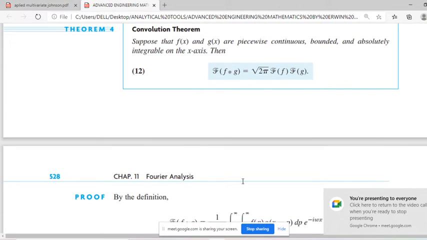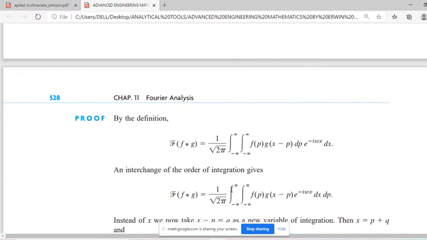Suppose that f of x and g of x are piecewise continuous, bounded and absolutely integrable on the x-axis. Then Fourier transform of f star g is equal to root 2 pi into Fourier transform of f into Fourier transform of g. So let us consider this convolution, Laplace transform convolution. So Fourier transform of f star g is equal to 1 by root 2 pi into integral minus infinity to infinity f star g e raised to iwx.